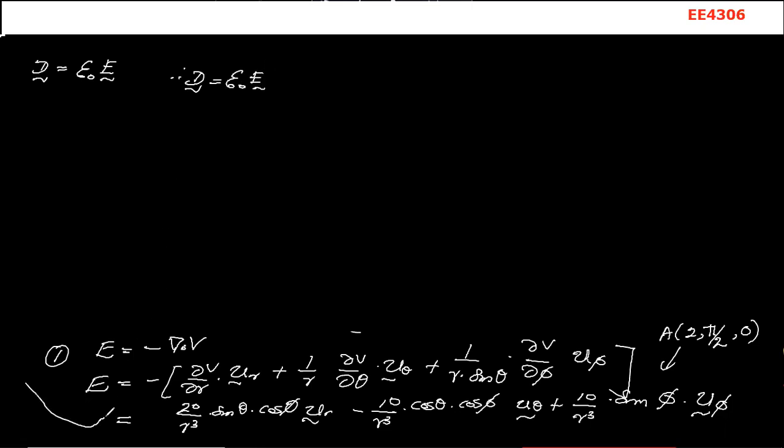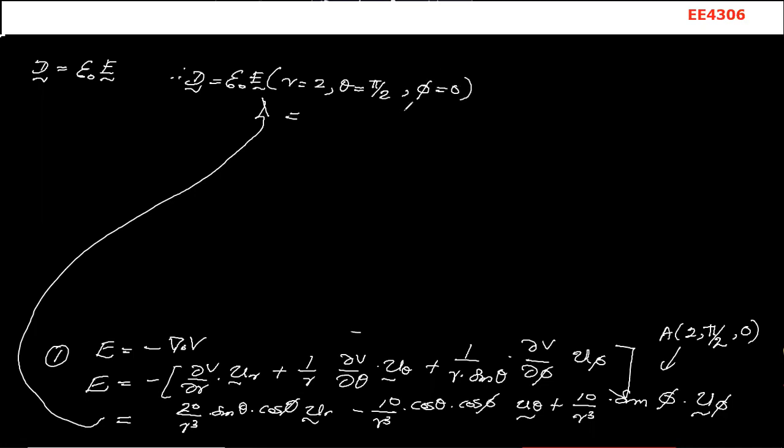You have the equation for E, and the coordinates are given: R equals 2, theta equals pi by 2, and phi equals 0.